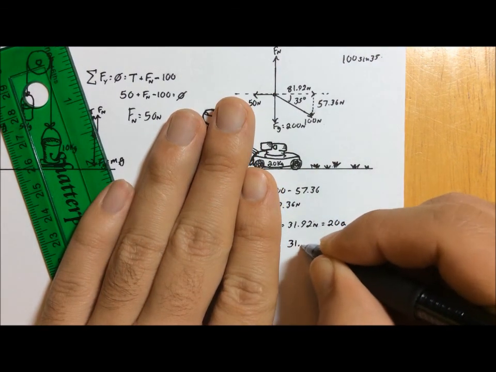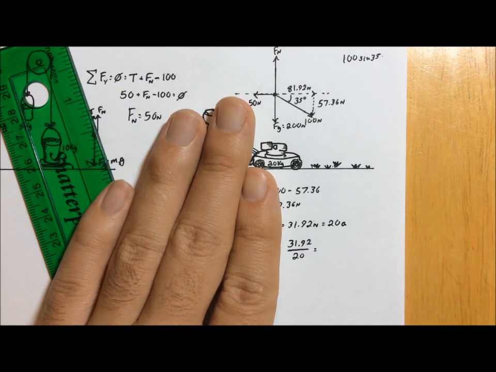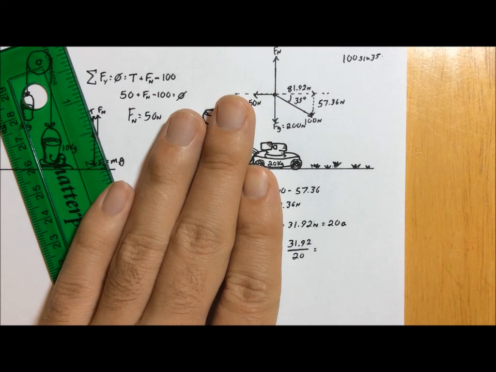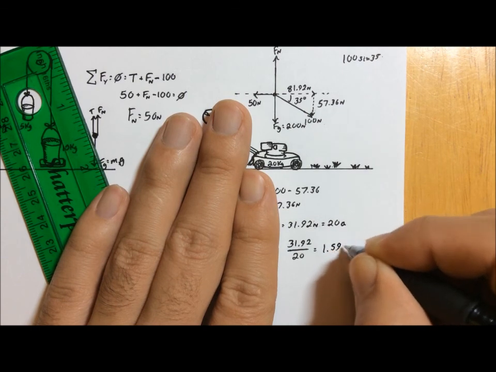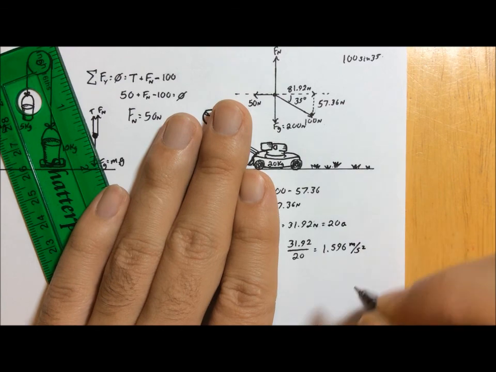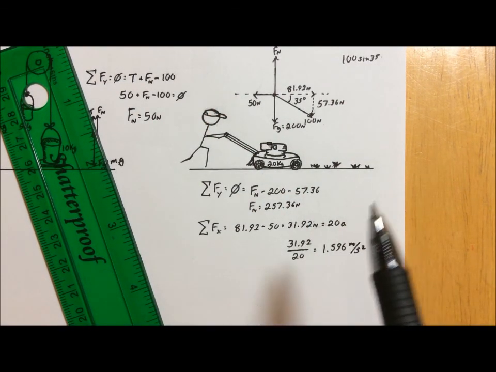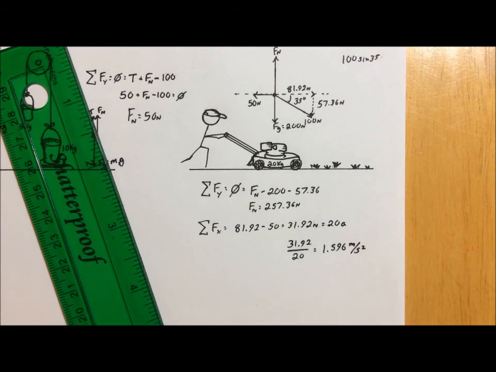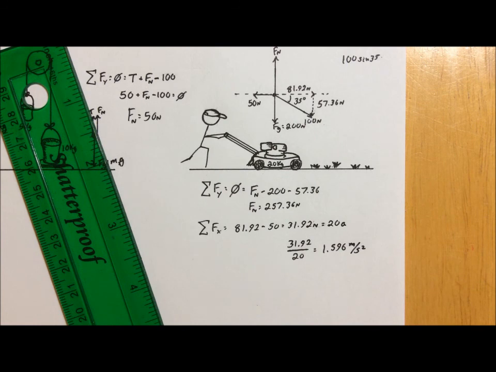Solving, 31.92 divided by 20 gives me 1.596 meters per second squared. That's acceleration, which says if we continue to push and exceed this frictional force, we are accelerating at a rate of about 1.6 meters per second squared, which means this guy better start running. That's alright. Okay, I'm going to stop this video right here.